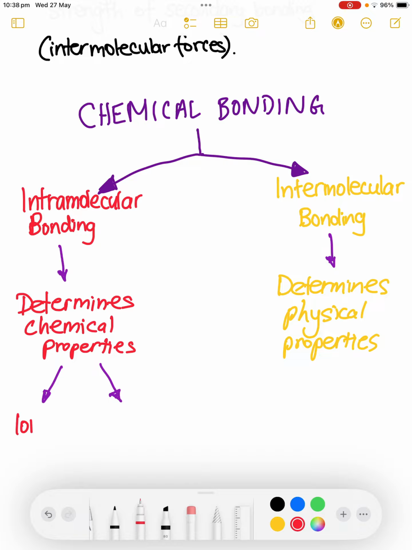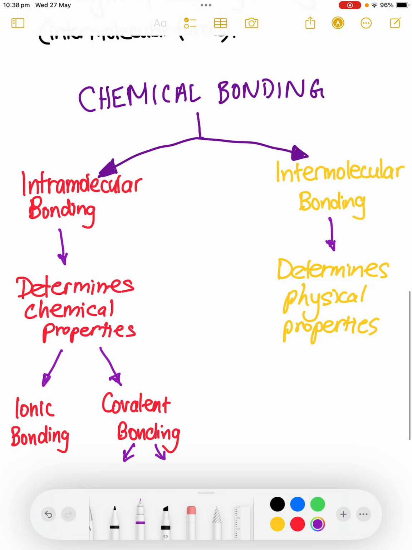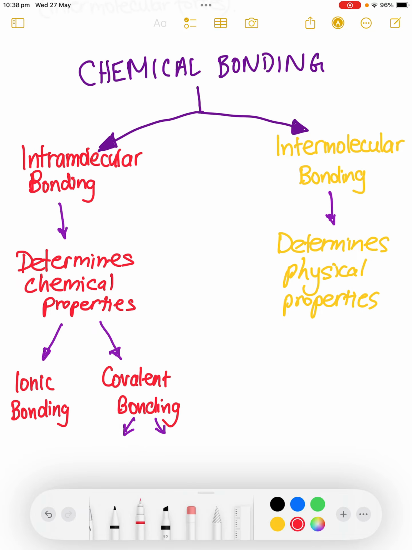And we've got ionic bonding, and we've got covalent bonding as well. And if we go down further, we've got our polar and non-polar molecules.